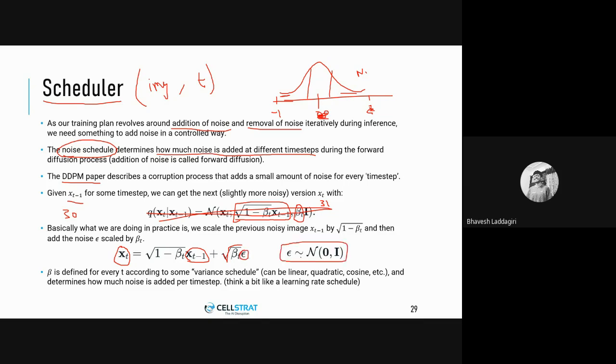So we sample some random noise from a normal distribution which has mean 0 and variance 1, scale it with root of beta, and add it to the previous time step image, which is again scaled using root of 1 minus beta.